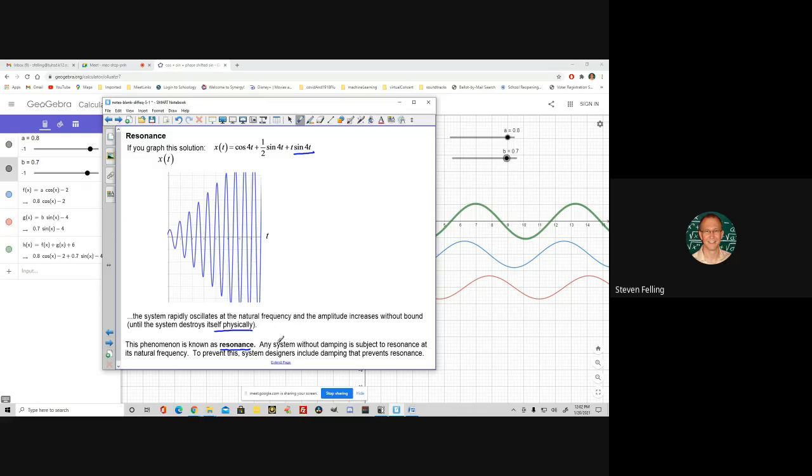System designers want to make sure that you include damping, because if you have no damping and you either intentionally or accidentally drive the system at its natural frequency, then you will experience potentially catastrophic failures.